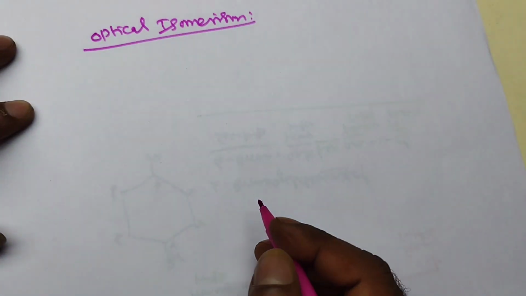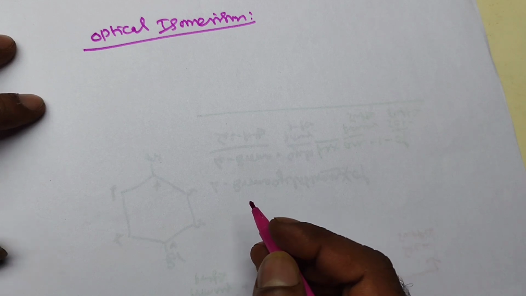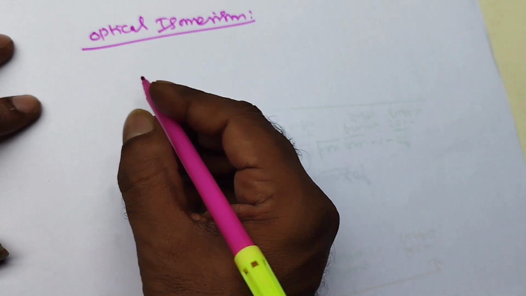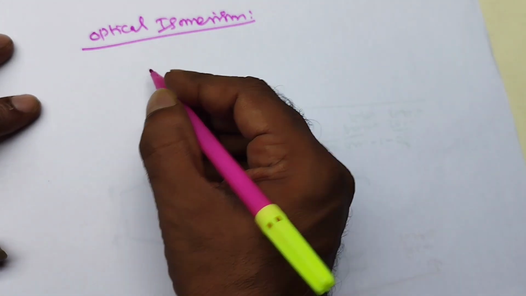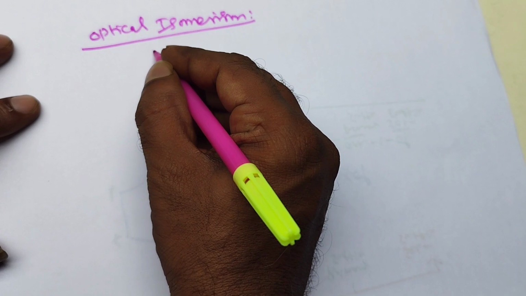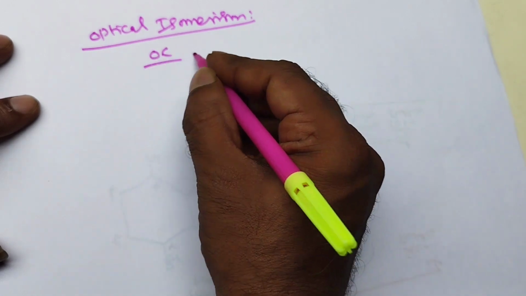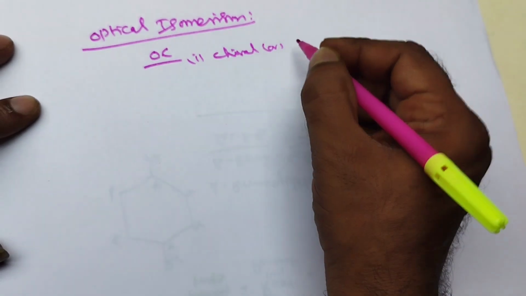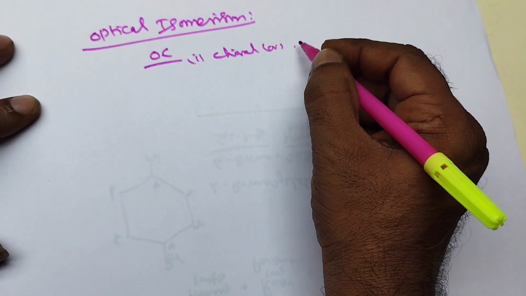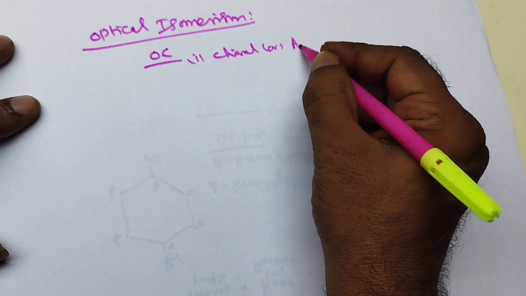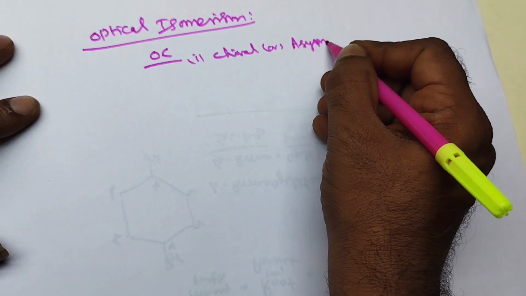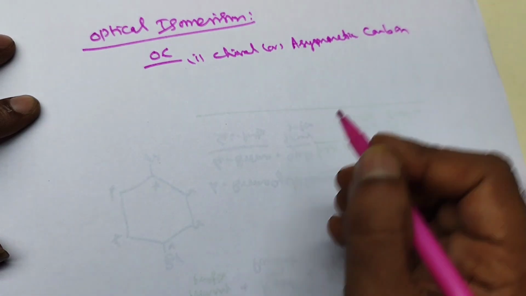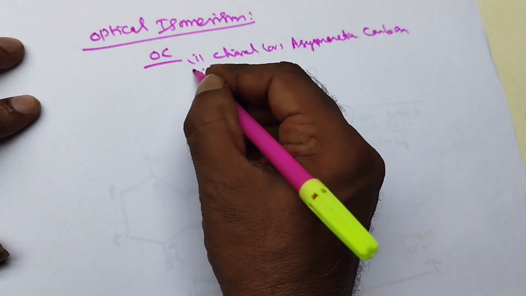What is optical isomerism, or optical isomers? You have to think about an organic compound having a chiral carbon, or asymmetric carbon.